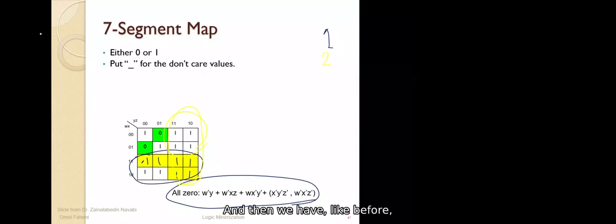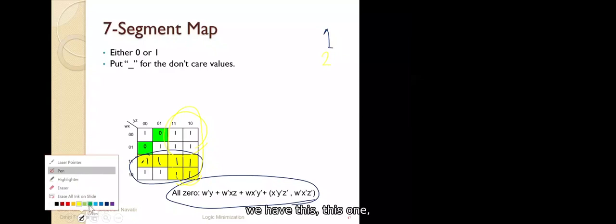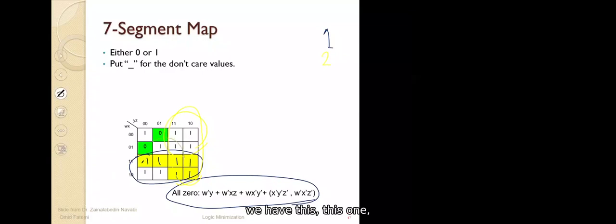And then we have, like before, we have this. No, this one. This one is better. This 4. Number 3. Last time we had only those 2. So now we have a group of 4.